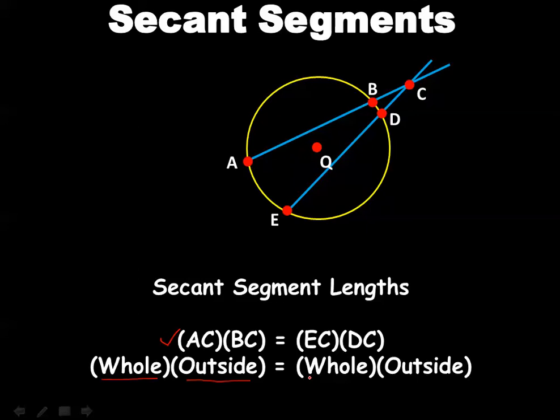And again, EC is the whole secant, and DC is the portion outside the circle, which is your external secant segment. Anyway, you multiply those together, just like we did with the chords, and they're going to be equal to each other.